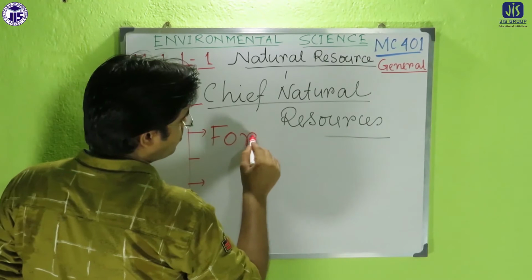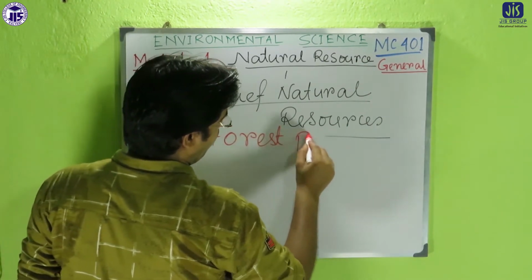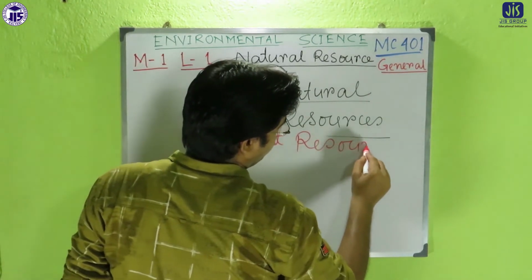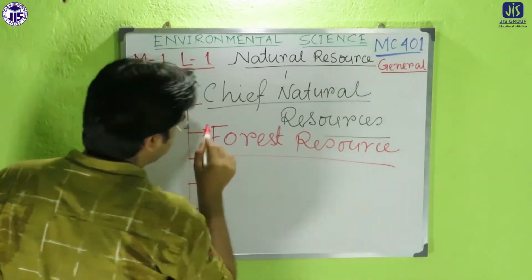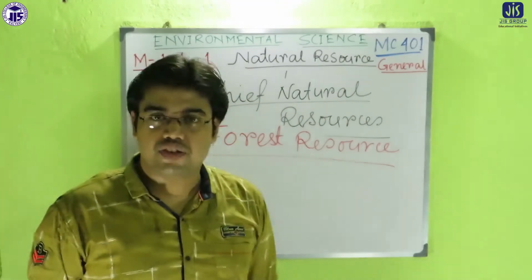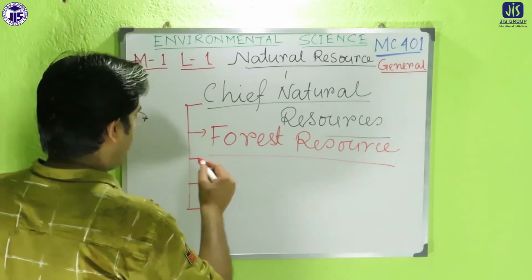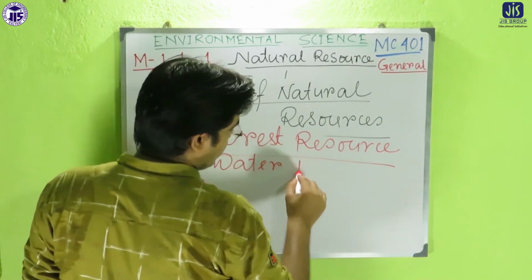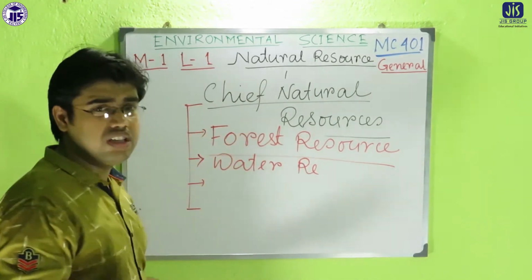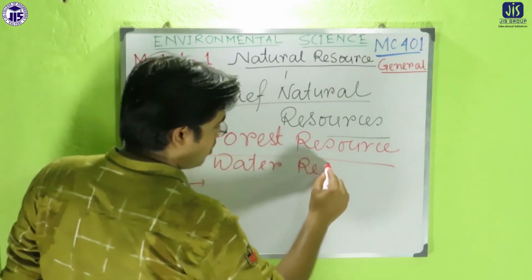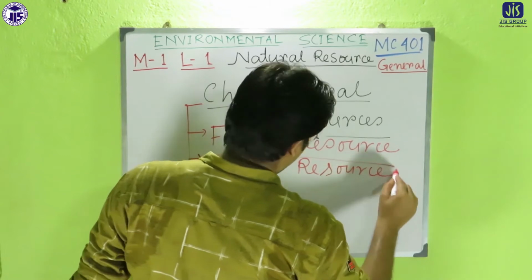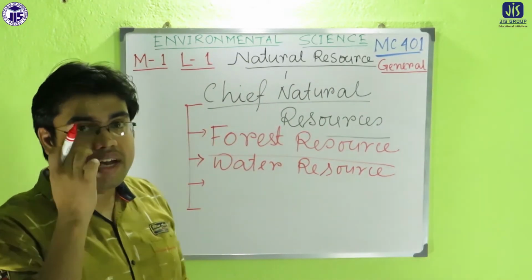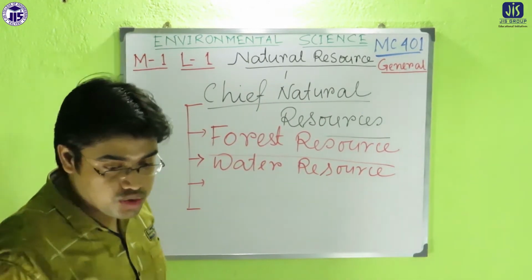So forest resource is under the category of chief natural resources. Second one, that is the water resource. You know, water is very much important for our human life or for all the animal world and the plant world. So water resource is another chief natural resource.